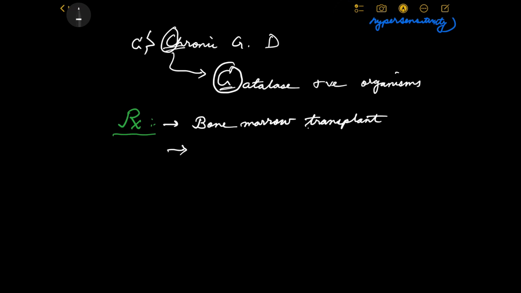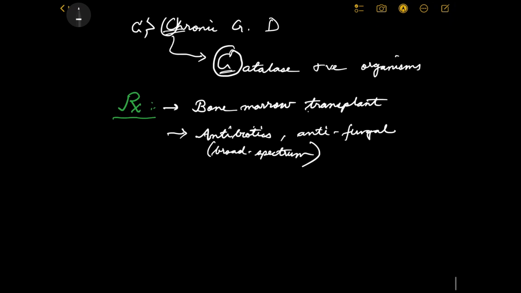That is antibiotics, and not just against bacteria, antifungals, antivirals, all of those, broad spectrum. It's self-explanatory why it's broad spectrum: a host of microbes can infect you, now that you have decreased immunity.